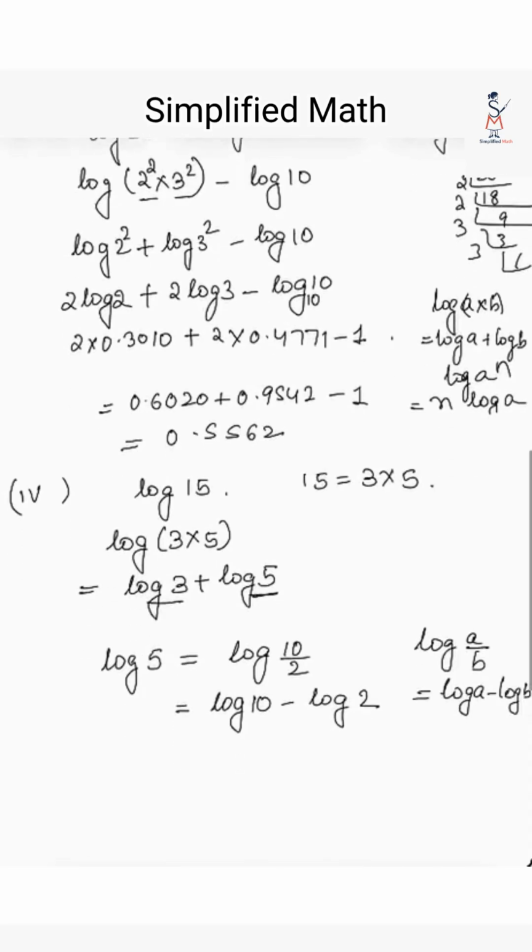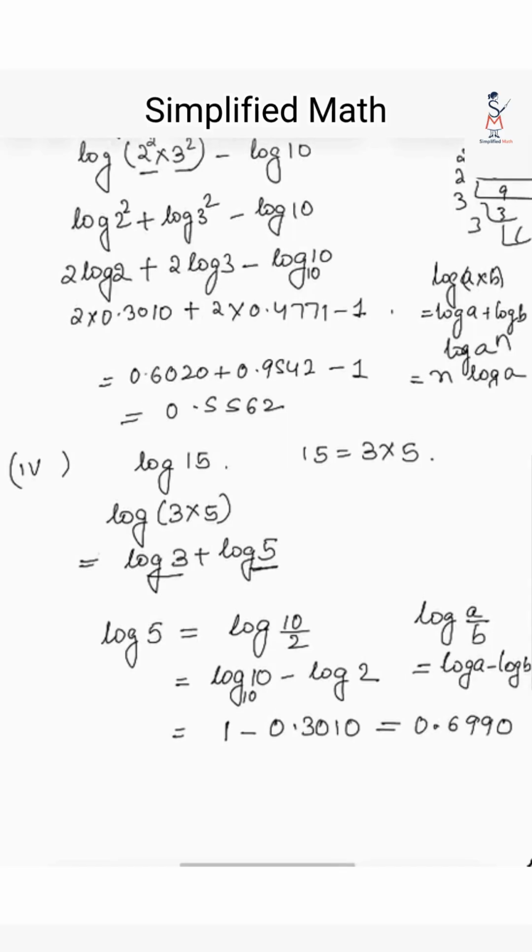Fine. So 10, this base is not there, that means the base is 10, and log 10 to the base 10 is always 1. So 1 minus 0.3010 is how much? 0.6990.